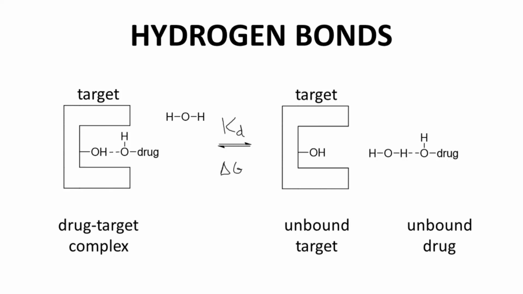Note that the products also include a hydrogen bond, one between the drug and available water. So delta G is not simply the energy for breaking the drug-target hydrogen bond, but also reflects the making of the drug-water hydrogen bond.